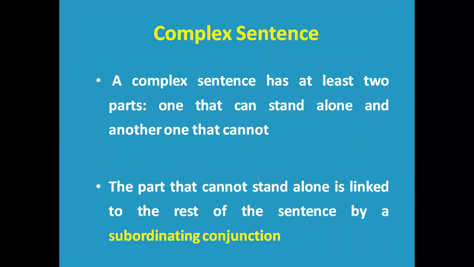Well, another type is the complex sentence. A complex sentence has at least two parts. One part can stand alone and another one cannot. The part that cannot stand alone is linked to the rest of the sentence by subordinating conjunctions.